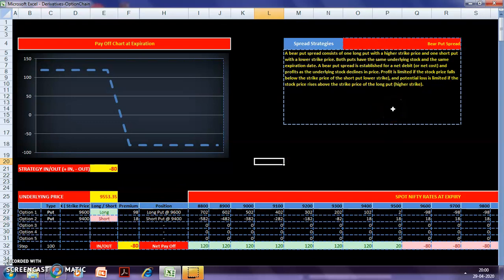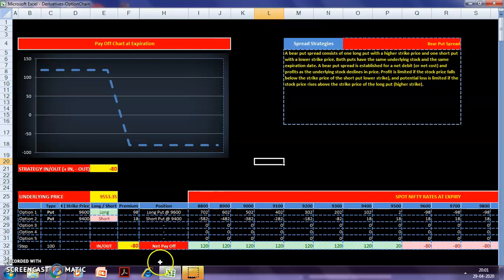When you expect the market to decline, you take a bear put spread. But when you expect the market to decline only marginally, you can take this position. And again, it has a limited gain and a limited loss.